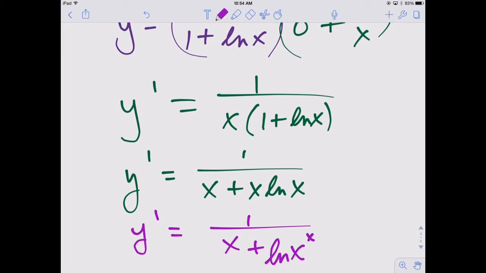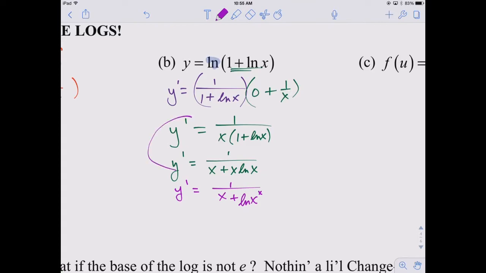Yeah, it would come up as the natural log of x to the x. I don't think that would be the answer, because the purpose of logs is to make something like x to the x, which is really big, make it smaller. That's what logs are designed to do. Make uncomfortably large or incredibly small numbers manageable. So either one of these maybe is the final answer on a multiple choice.